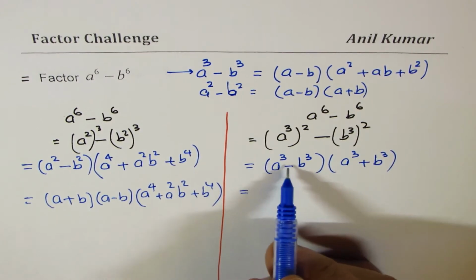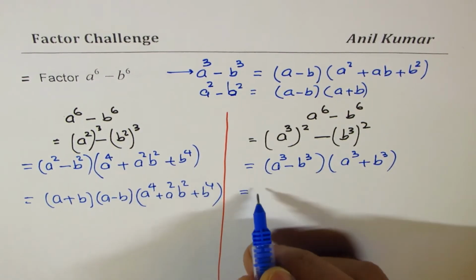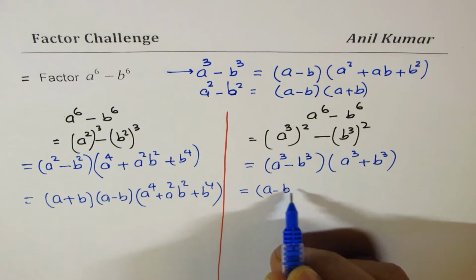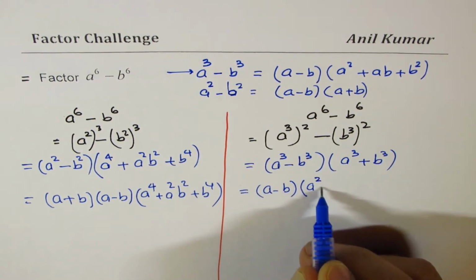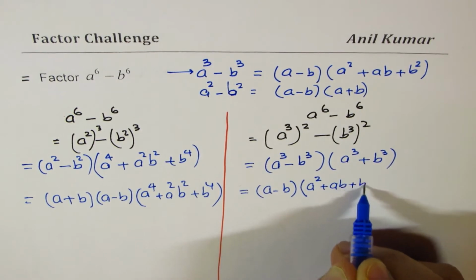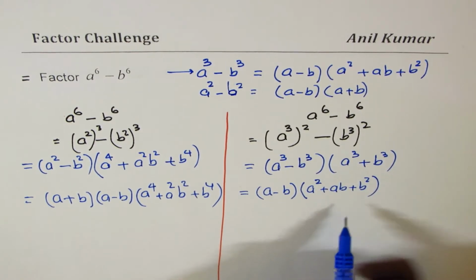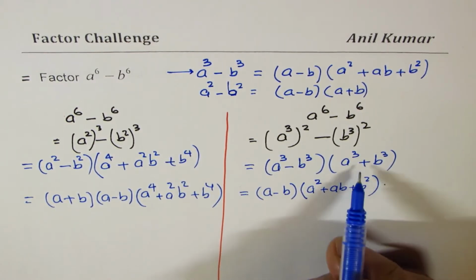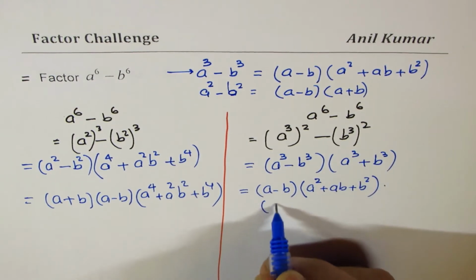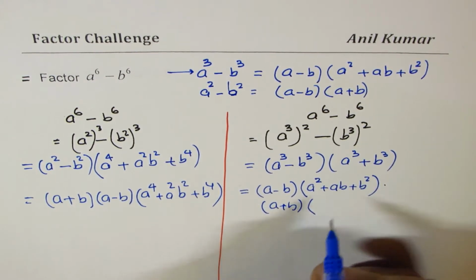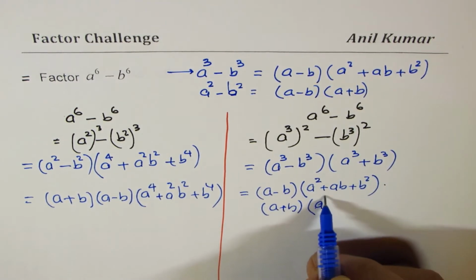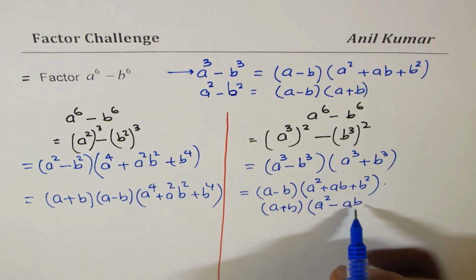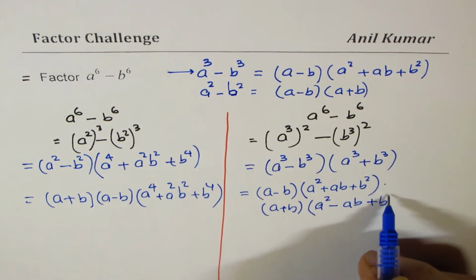Now a cube minus b cube can be written as a minus b times a square plus ab plus b square, and a cube plus b cube could be written as a plus b times a square minus ab plus b square.